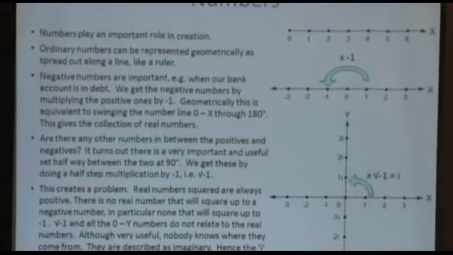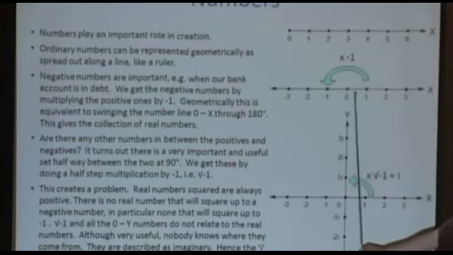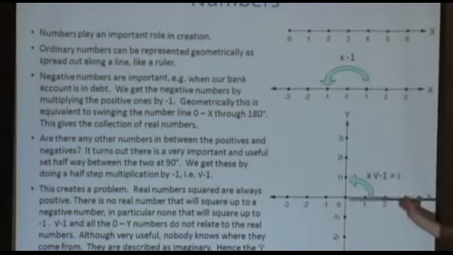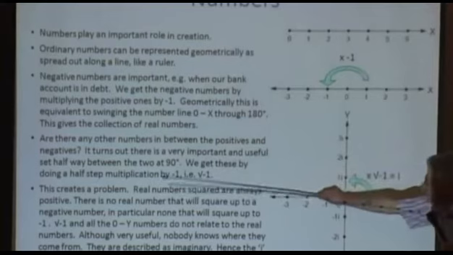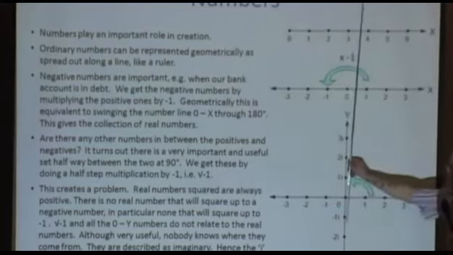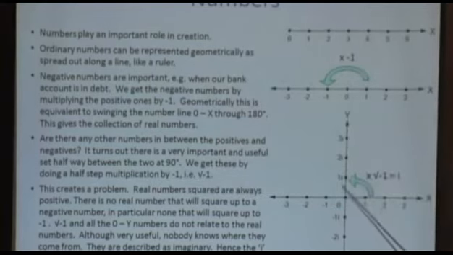Now, we can ask, are there any other numbers of interest between the positive and the negative numbers? And it actually turns out that there's a very important sequence of numbers halfway between the two. So instead of rotating the number line fully through 180 degrees, if we rotate it through 90 degrees, we get a vertical sequence of numbers that turn out to be extremely important.